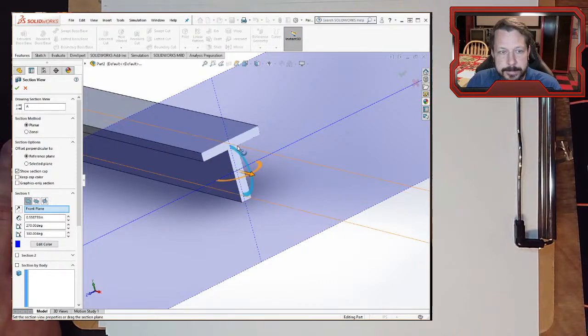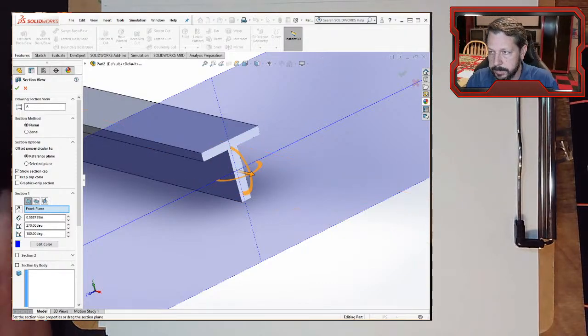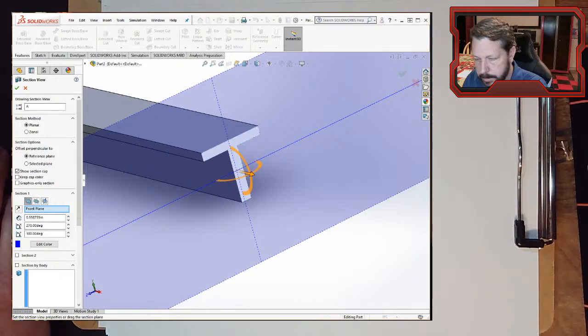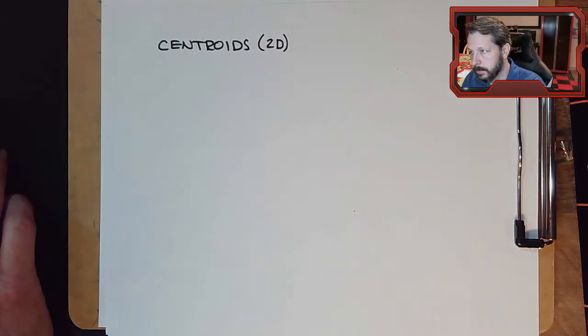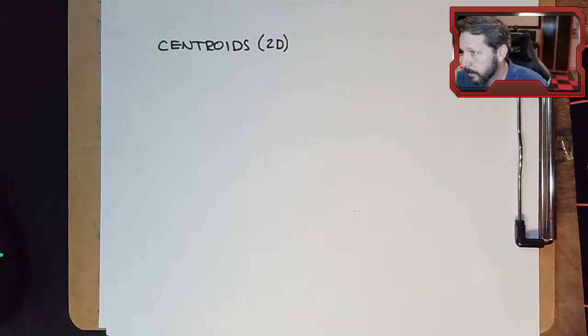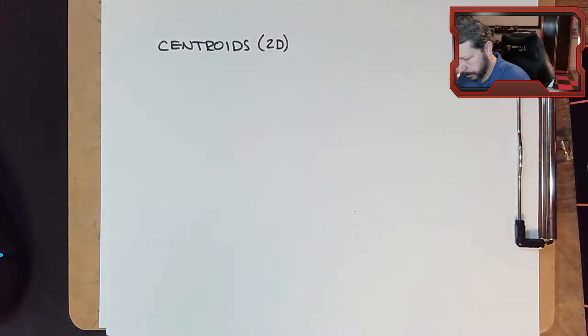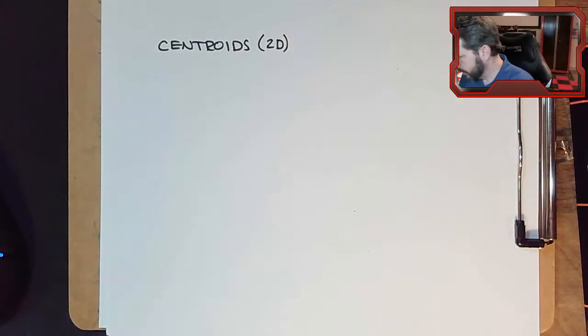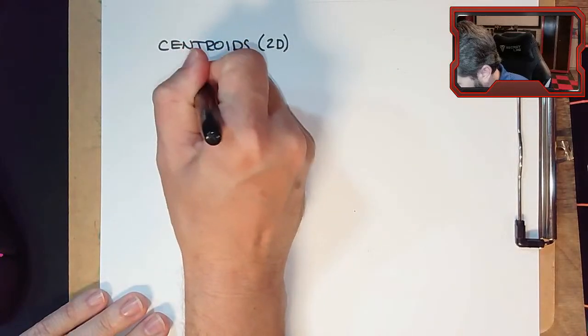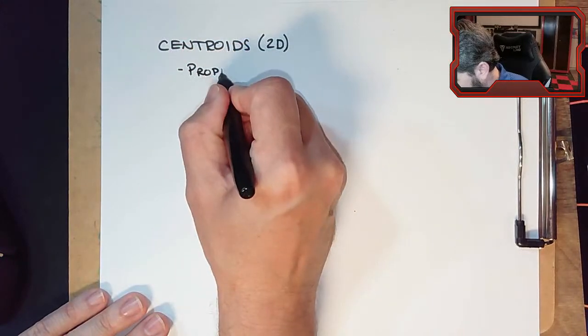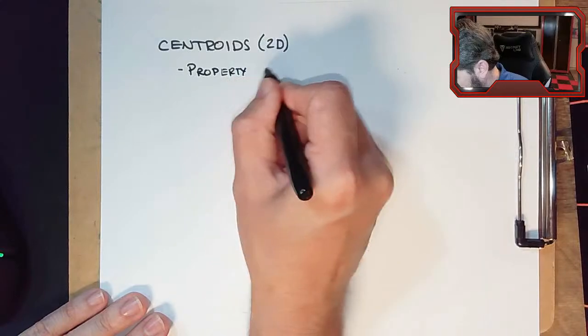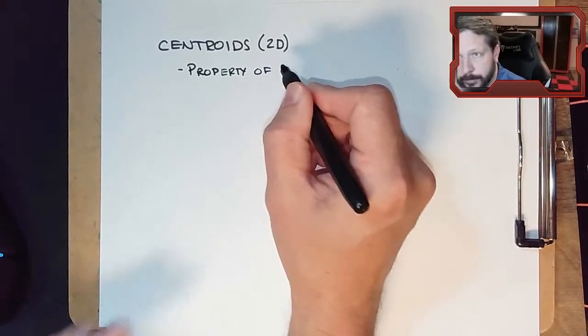So for this beam, it's a T. All right, let's go back now to here. So the centroid is a property of the cross section of whatever we're dealing with.